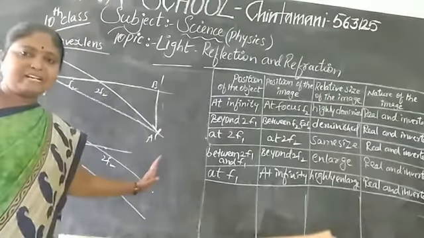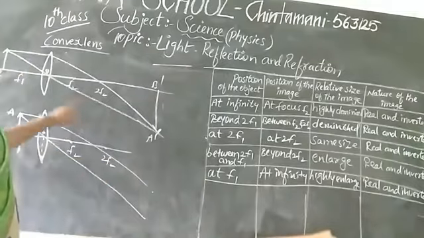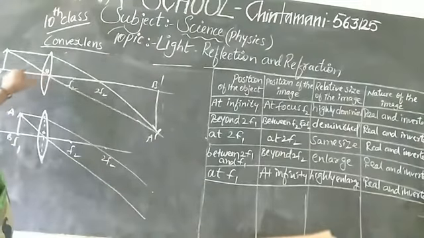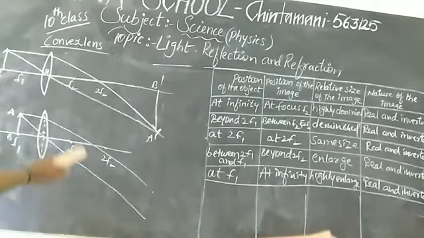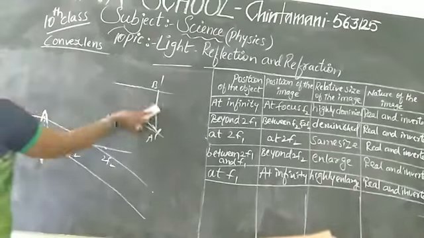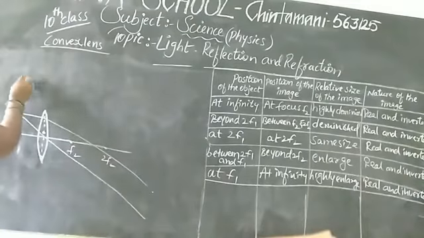Still a little bit front, let me move. Yes, that means it should be between the optic center and F. Between the optic center and F, how is the image going to form? Let me see now.